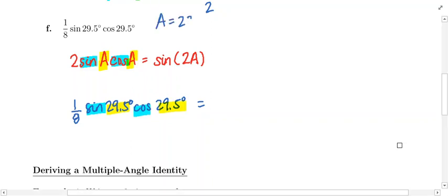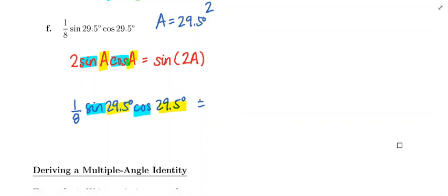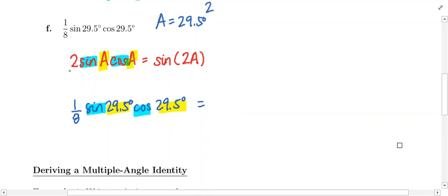Again, the only problem is the number out front. So let's talk about how to do this. In the double angle formula itself, on the left side, the sine and the cosine are multiplied by 2. In our expression, we're multiplying by 1/8. We have to get a match. So in the double angle identity, we want to adjust things so that we are multiplying by 1/8, not 2.